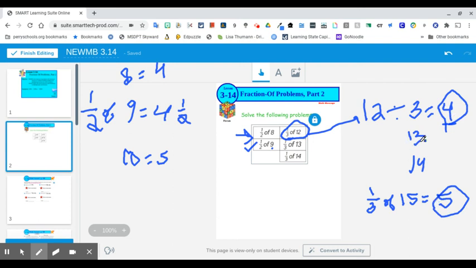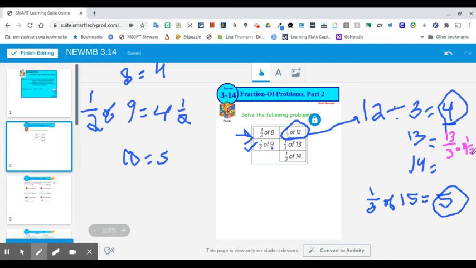Okay, let me make some equal problems here. It's looking very messy today. With the 13, we're going to do 1/3 of 13, or 13 thirds. We know that 3 can go in there 4 times with 1/3 left over.